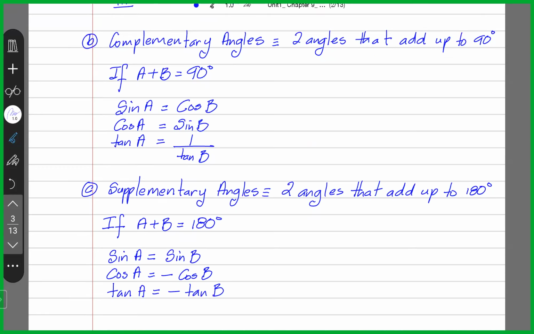Complementary angles. Now, complementary angles are two angles that add up to 90 degrees. Now, if A plus B is equal to 90 degrees, the sine of A is equal to the cosine of B. And that is why, for example, the sine of 30 degrees is a half, and the cosine of 60 degrees is also a half.